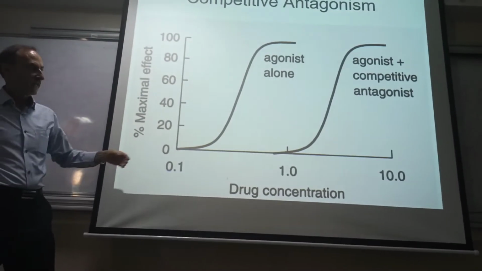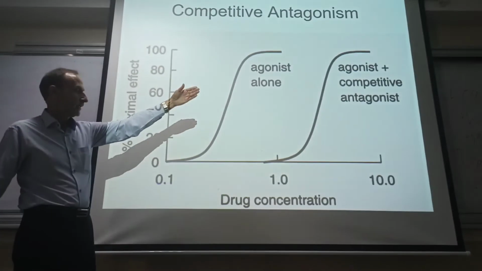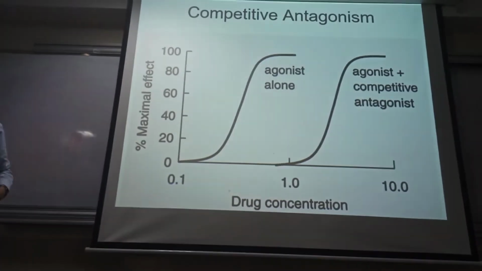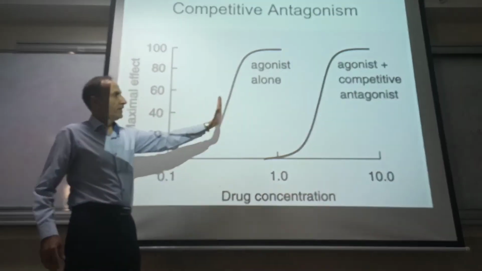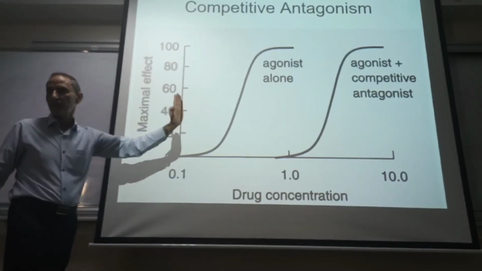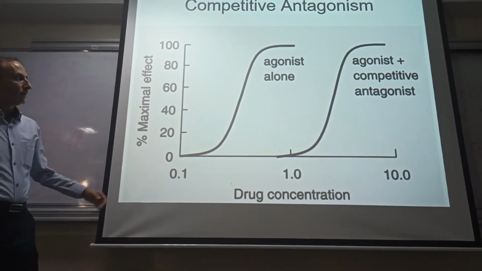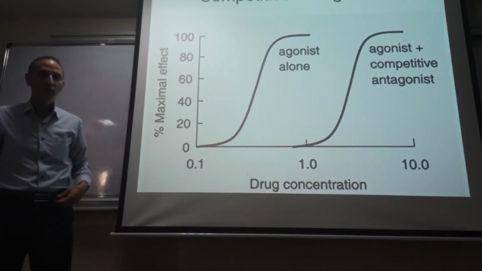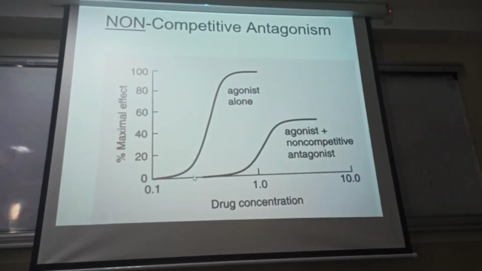In other words, we can say that if we increase the concentration of agonists, then we can overcome the antagonist. Okay. Here we have a rightward shift. A rightward shift. Agonist alone and agonist plus competitive antagonist.